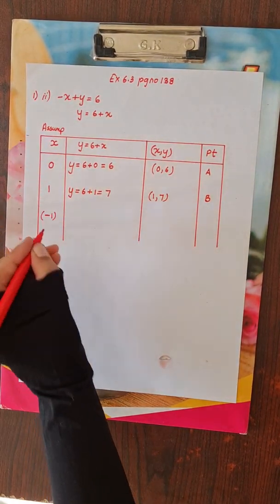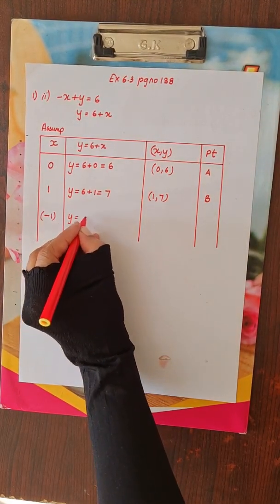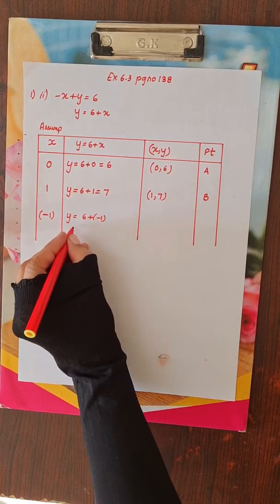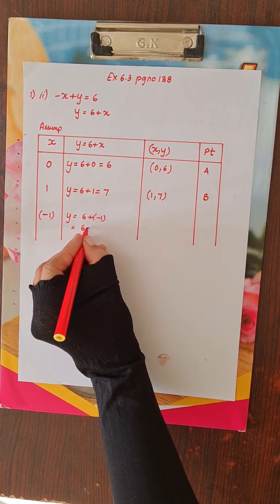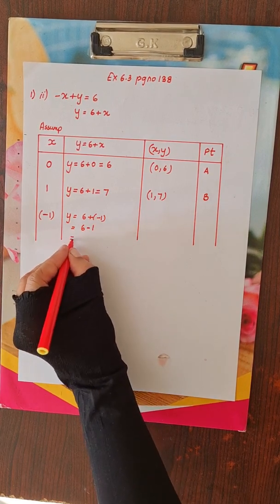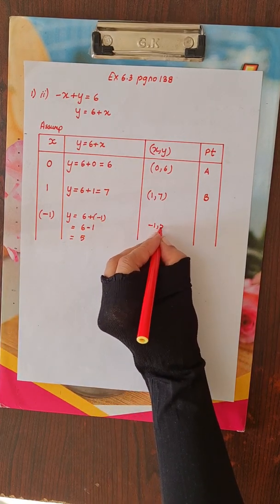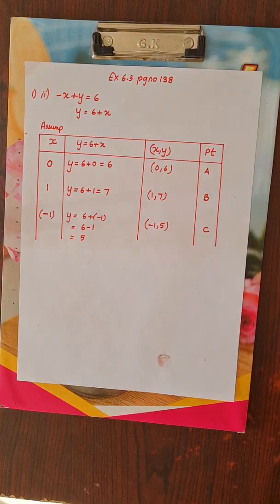Children, this assumption can be any number. So y is equal to 6 plus minus 1. Plus into minus is minus, children. So that becomes 6 minus 1, that is nothing but 5. So we have minus 1 comma 5 as the point which is named as C.